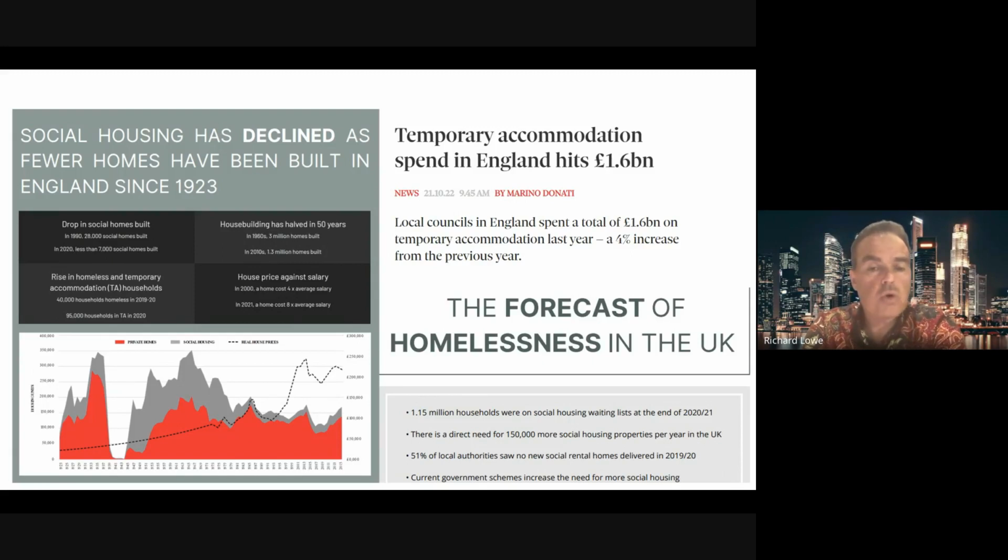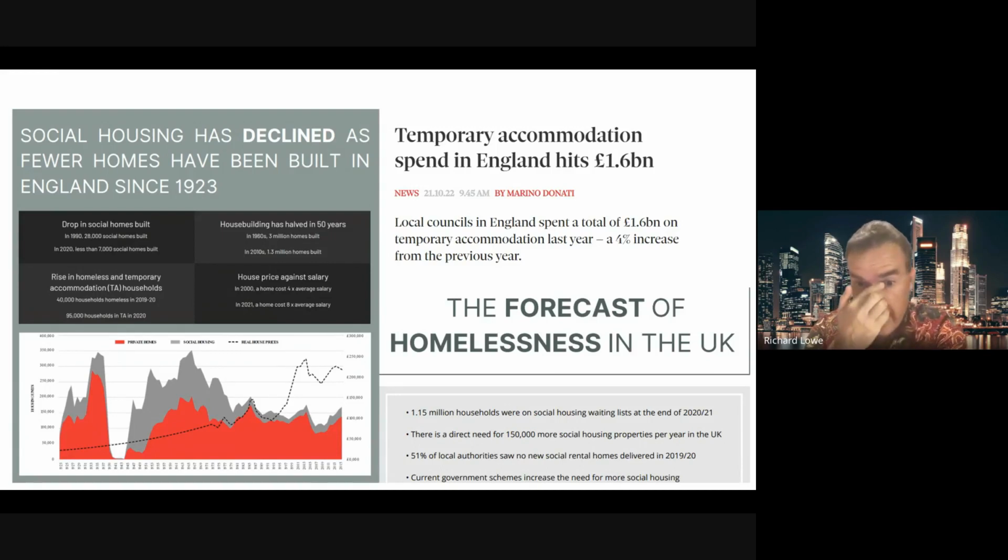And as a result, what we've seen is more and more pent-up demand. One of the points towards the top right states that in 1990, the number of social housing units built was 28,000. In 2020, it was less than 7,000. In the 1960s, 3 million homes were built in social housing. In the 2010s, that was less than half, at 1.3 million homes.